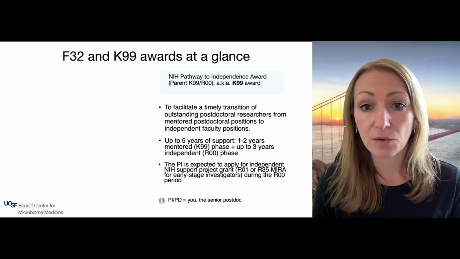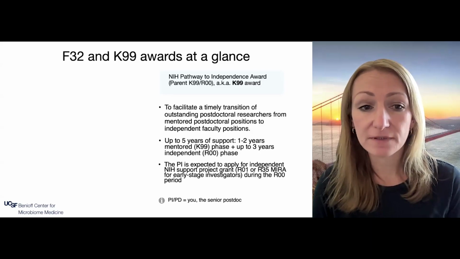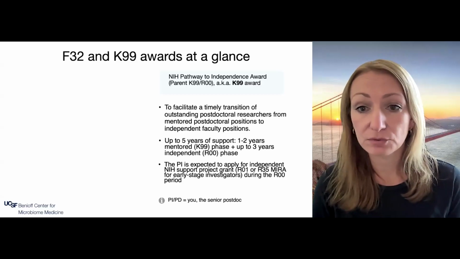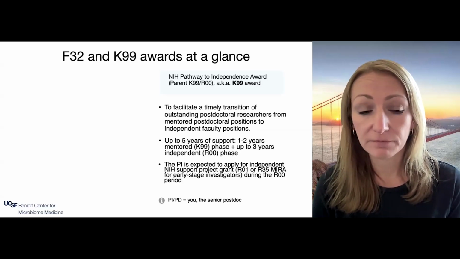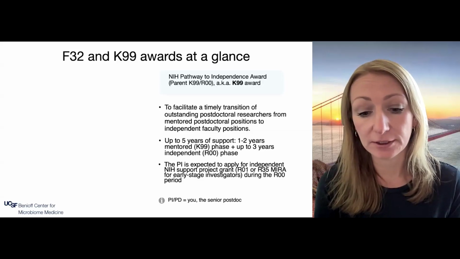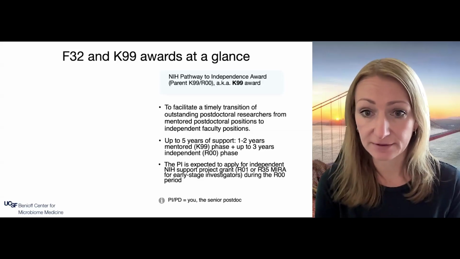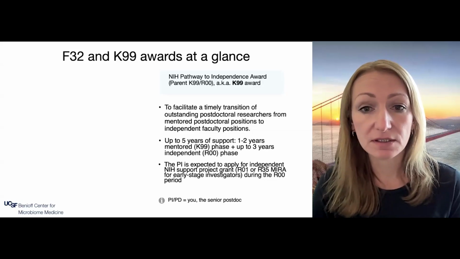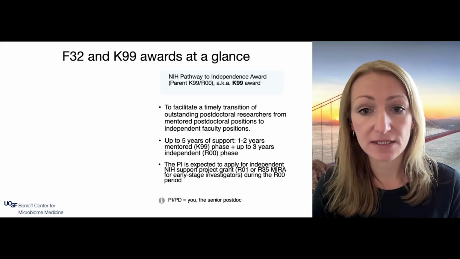And this award is for up to 5 years of support that comes in 2 stages. 1 to 2 years of mentored phase that is under your current postdoc mentor's guidance, and up to 3 years of independent phase.